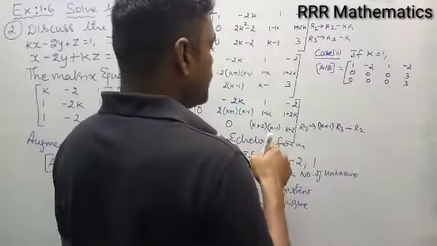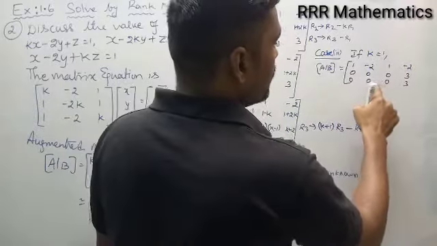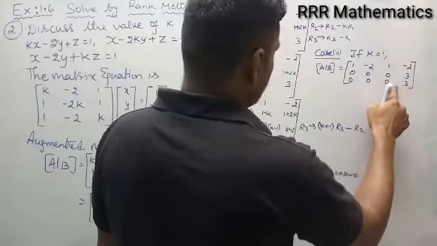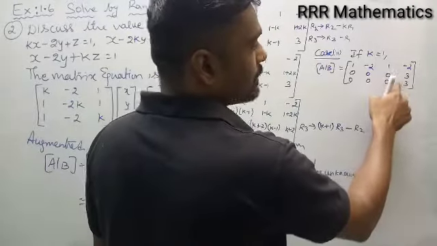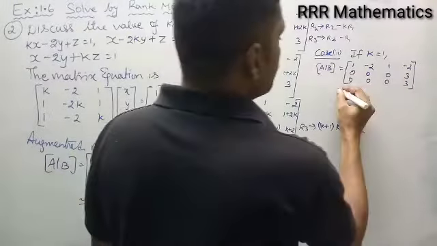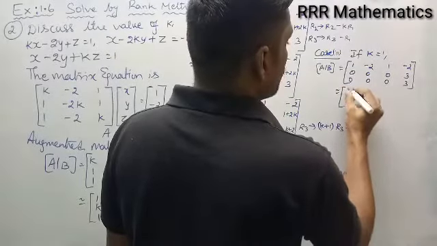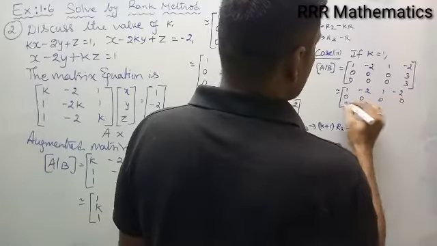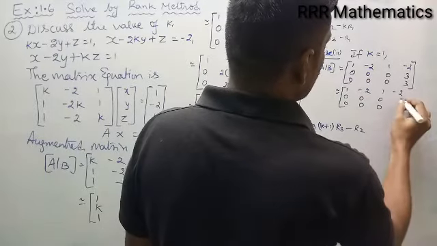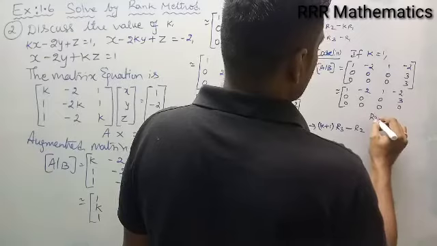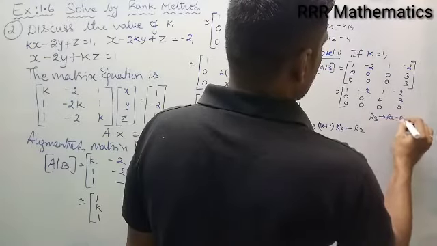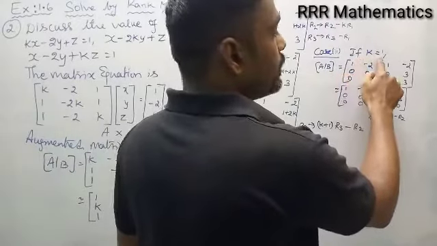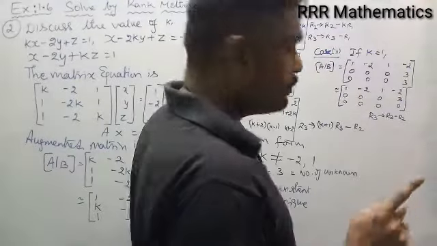See, in this case, K equal to 1, I am getting these two rows are proportional. So, when you subtract, this will be 0. See here, if I am giving K equal to 1, K equal to 1 is a particular value, so I can substitute here.